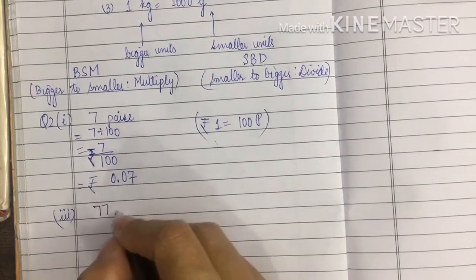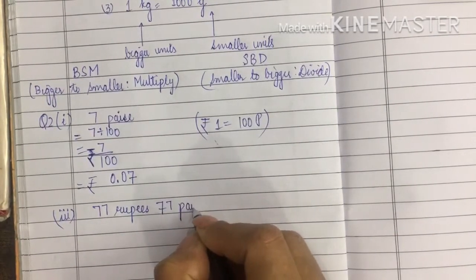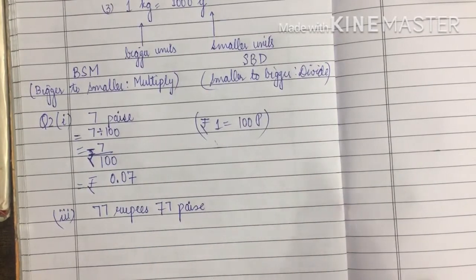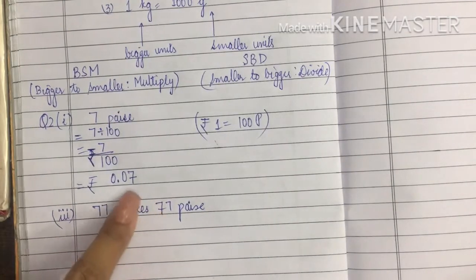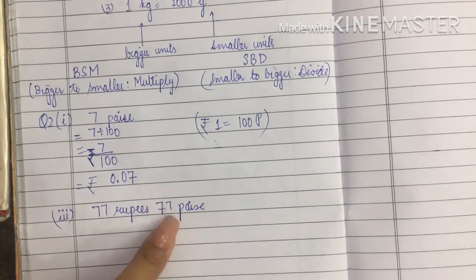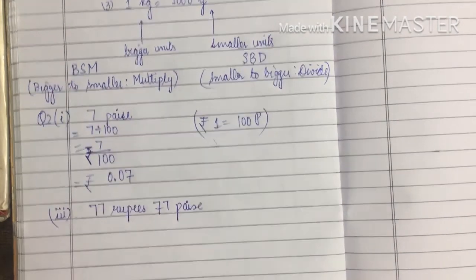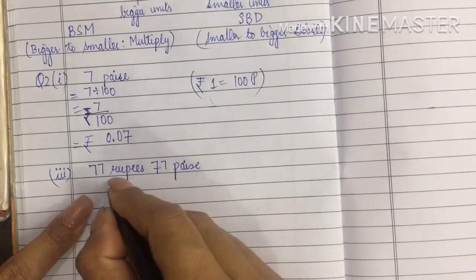Let's do third part. We have 77 rupees 77 paise. Now what we want to do is we want the answer in rupees. This part is already in rupees, we will not change this. This part is in paise, we will be changing this, and then combine both values together. So let it be as such.